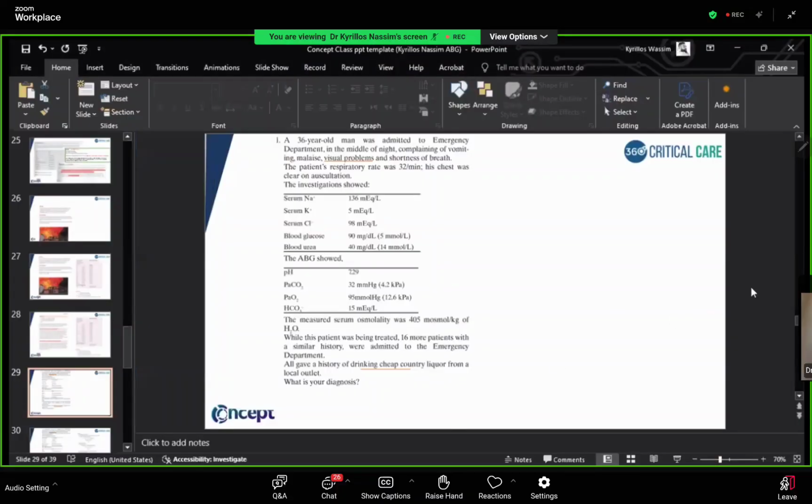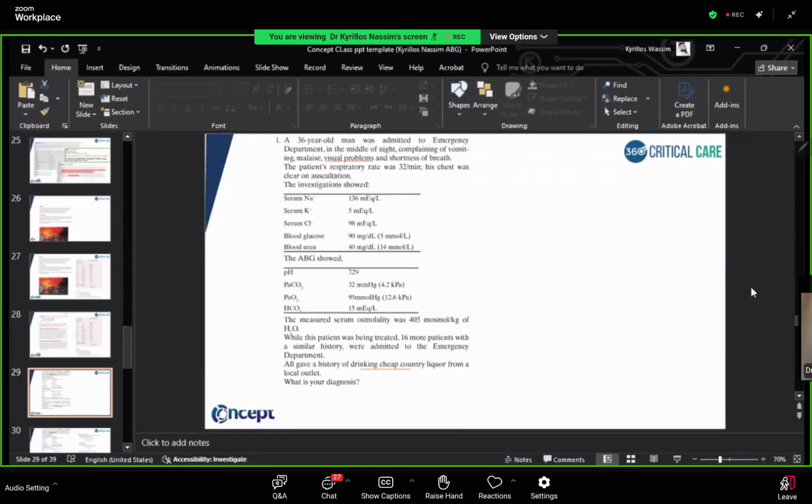A 36-year-old man admitted to the ER in the middle of the night, complaining of vomiting, malaise, visual problems, and shortness of breath. The patient's respiratory rate is 32 and the chest is clear on auscultation. The investigation shows electrolytes and an ABG, and the measured serum osmolarity was 45.